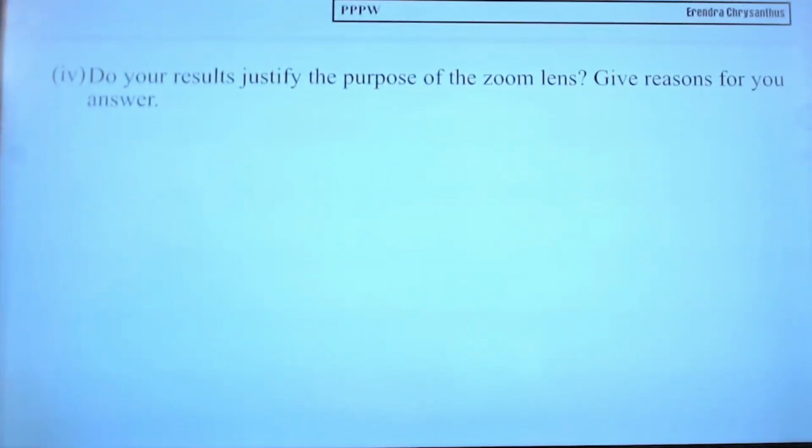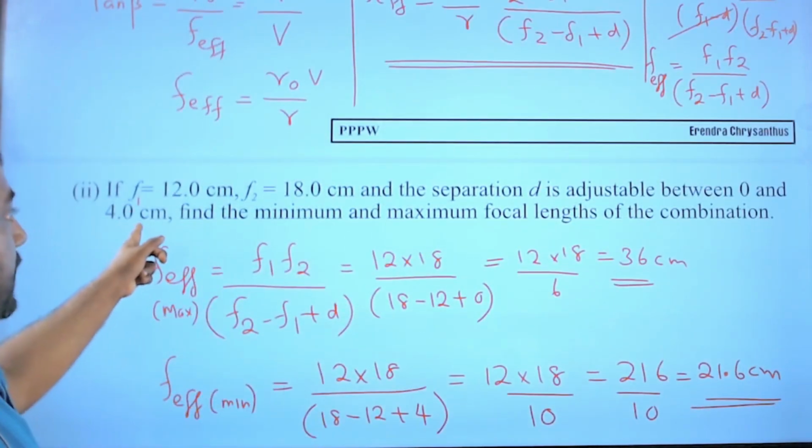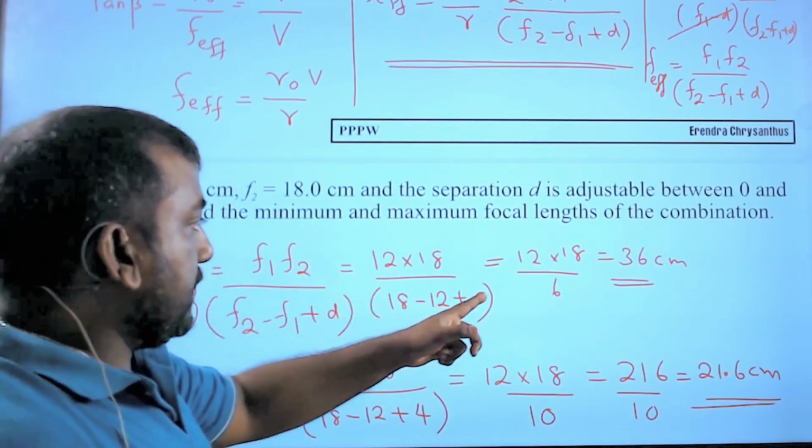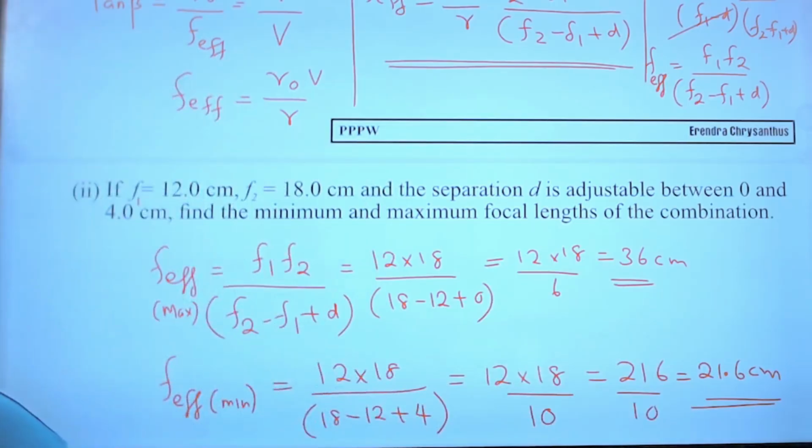Do your results justify the purpose of the zoom lens? Give reason. So I am moving the distance 4 centimeters and the focal length is changing from 36 to 21.6. Yes, no? Correct. It is justifiable. Clear? Answer is yes.